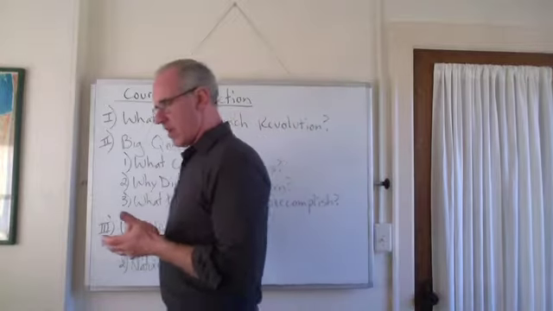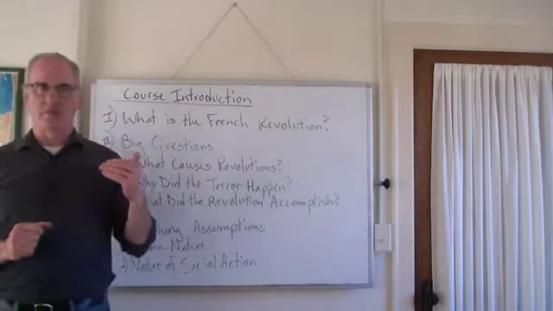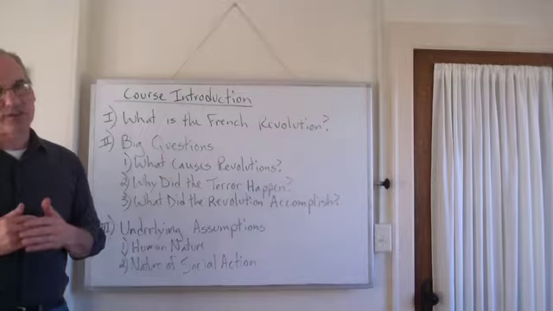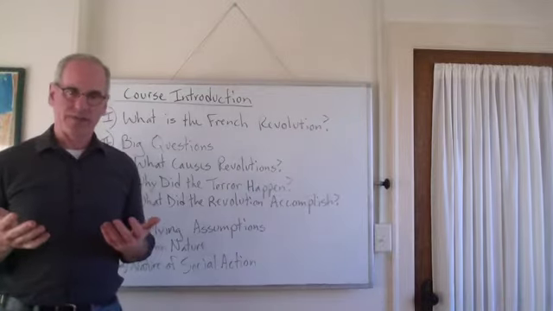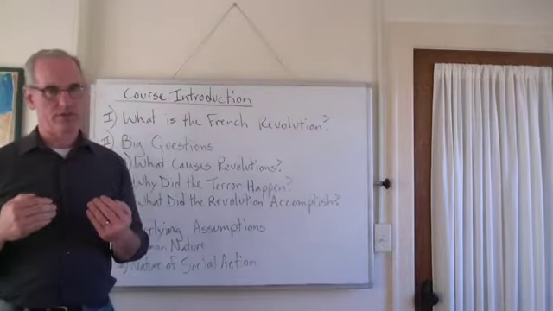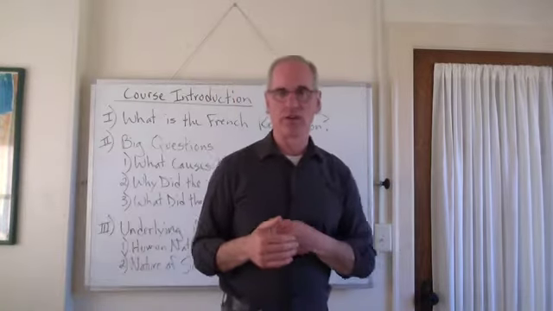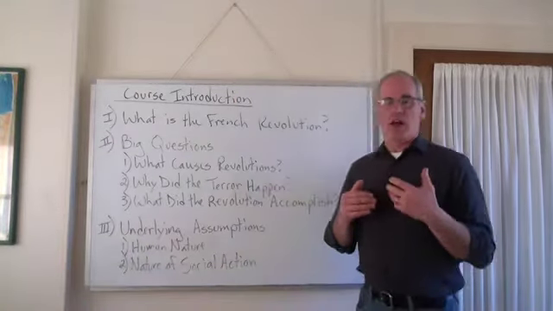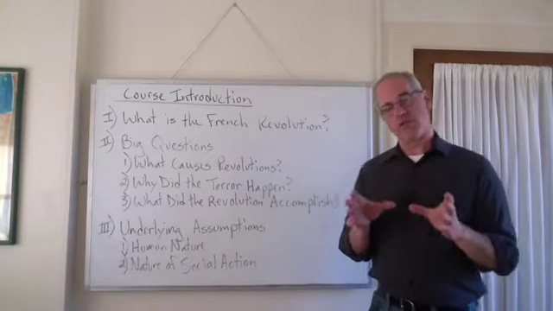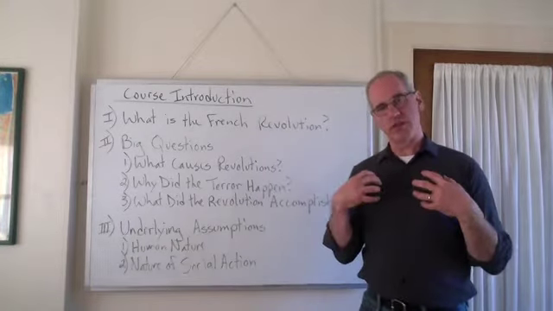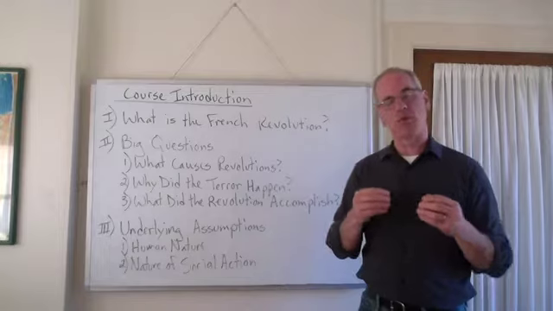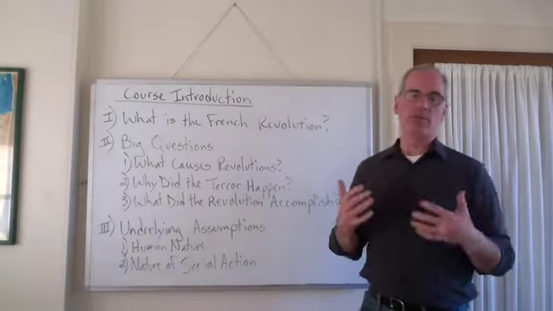So the class is going to be happening on a couple of different levels, and I'm going to be asking you to talk and write about these things on those different levels. You're going to have to be thinking about it, and some of the readings are a little bit hard to figure out because the reading is just talking about the French Revolution, but it's using a theory about why change happens or why revolutions happen or what's important in society.